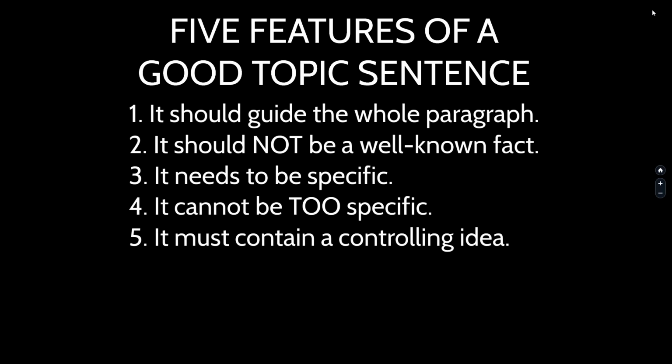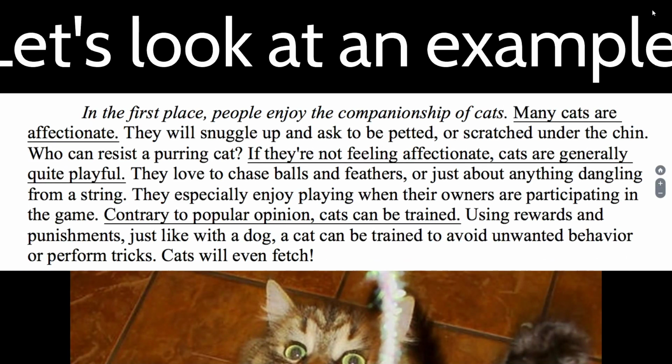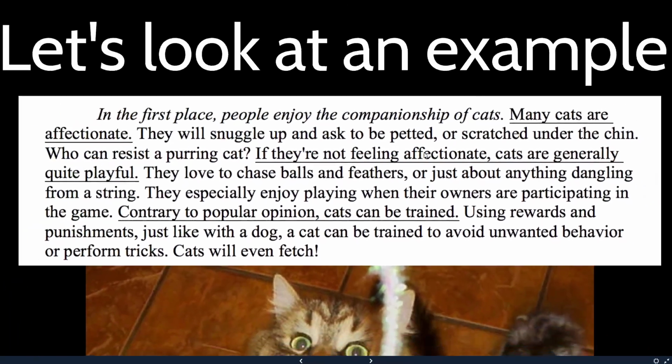If it's not specific enough, it may be a topic that's too big for a paragraph that needs to be expanded into an essay. And it must contain a controlling idea. The controlling idea is, what are we going to say about the topic? So let's look at the example here in our sample paragraph.